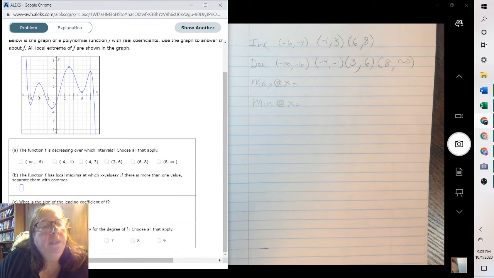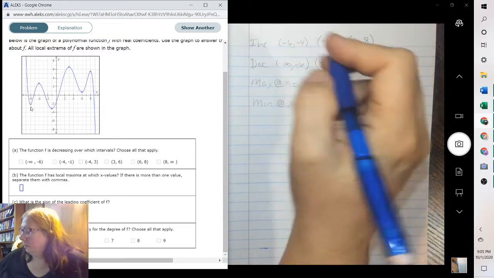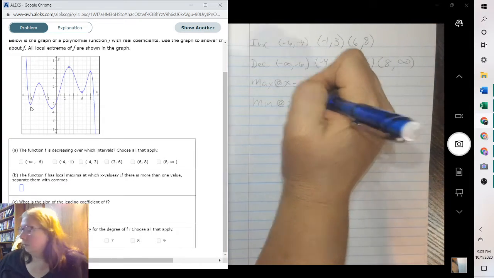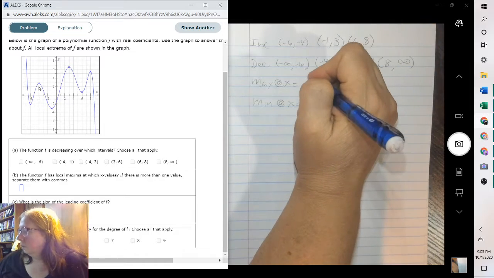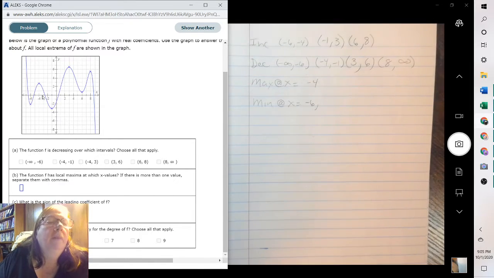You're looking where your increasing and decreasing changed. It's all these endpoints. And so at negative 6, there's a min. There's a max at negative 4. And we go over here, there's a min at negative 1.